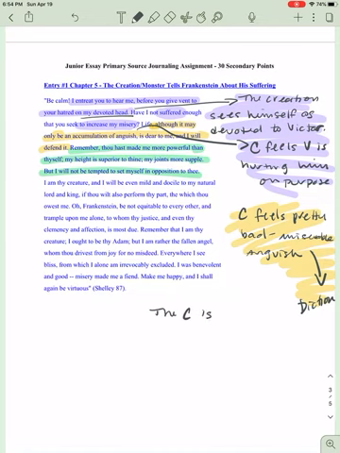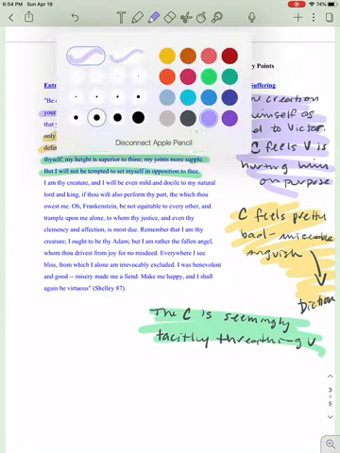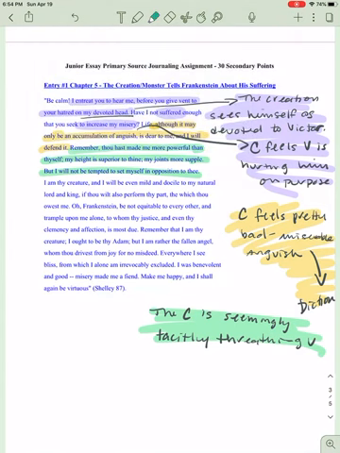The creation is kind of seemingly tacitly threatening Victor. You made me bigger than you, made me stronger than you, but I won't go after you unless I have to, right? That's kind of what it sounds like to me. And so on and so forth.